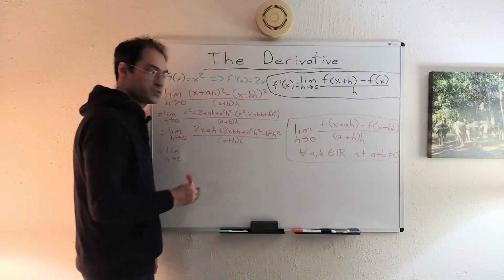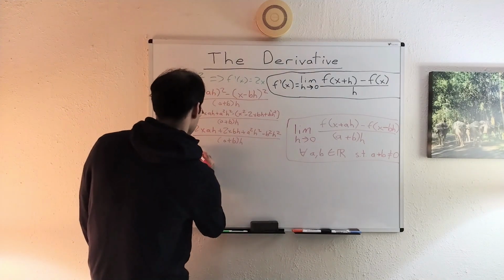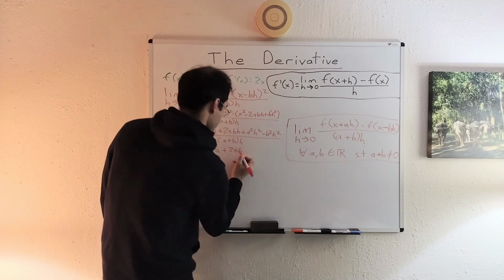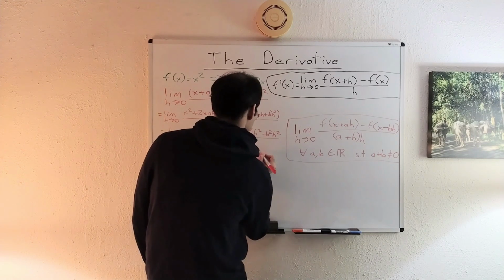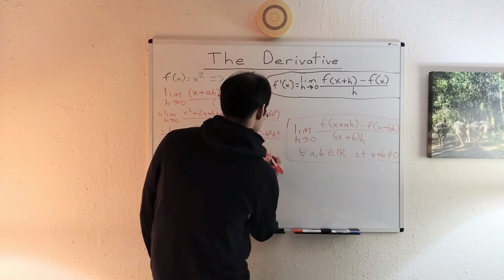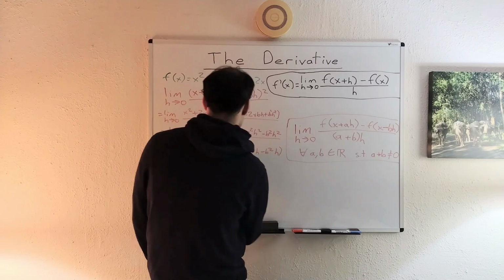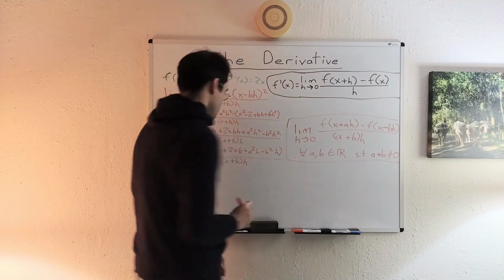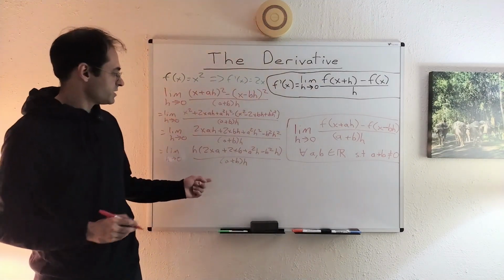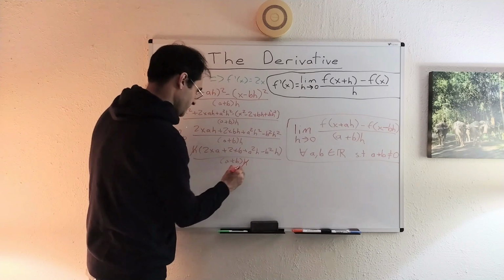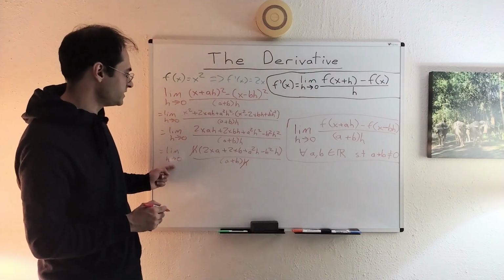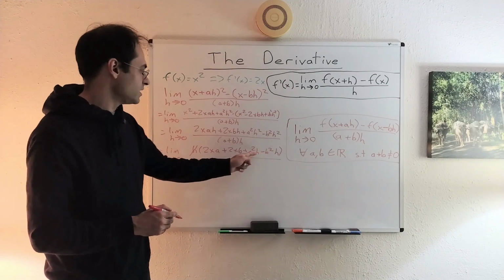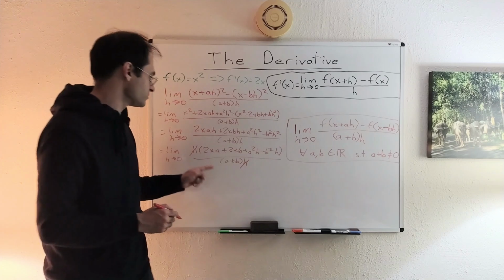Here we can factor out an h. So we get this, and now we can cancel the h's and simply plug in h equal to 0 in this expression. We only have h here and here, and plugging in 0 will eliminate these terms.